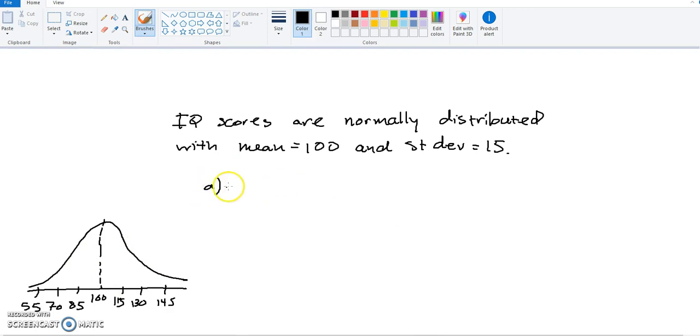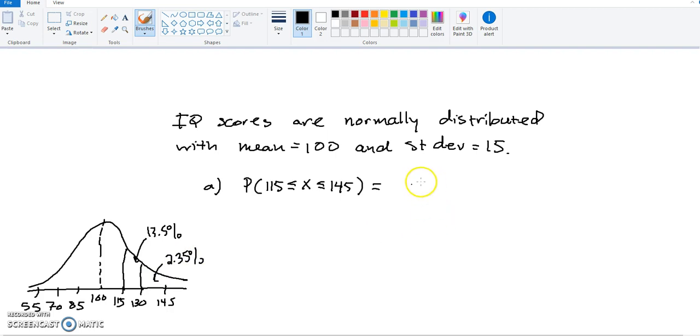So you just count by multiples of the standard deviation, which here is 15, and you could basically answer any kind of question. So we could say, what's the probability that somebody scores between 115 and 145? So that probability, we would typically write probability of 115 less than or equal to x, less than or equal to 145. So that would be this section right here, which we saw was 13.5%, plus this section right here, which is 2.35%.